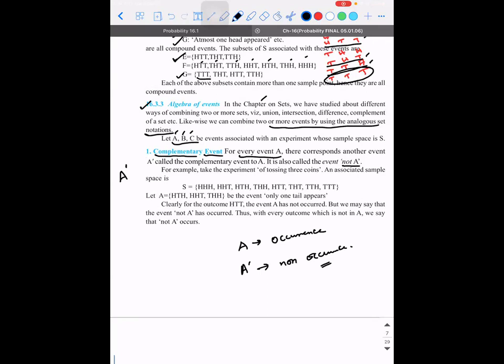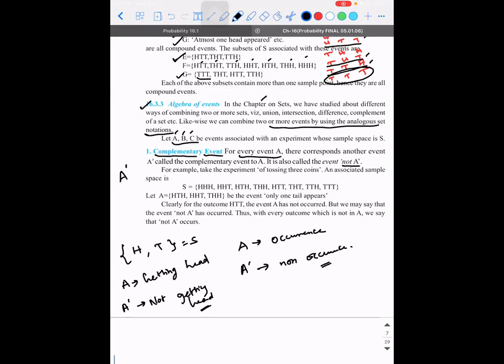If I toss a coin, the outputs of the sample space S. From the sample space, I'm defining an event A as getting head. Then what will A dash be? Getting tail. That is, not getting head, which is obviously getting a tail.